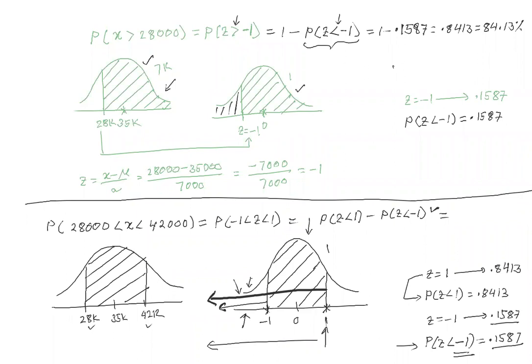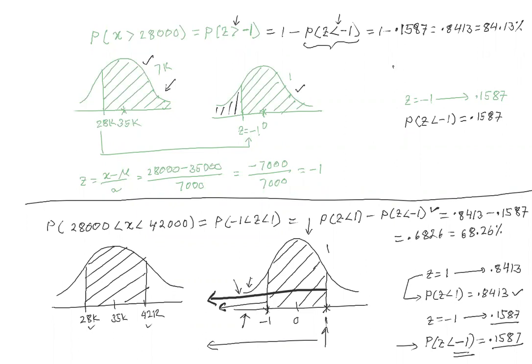So the probability of z less than 1 is 0.8413 minus the unshaded region, 0.1587. That's going to give you 0.6826, which is 68.26%.